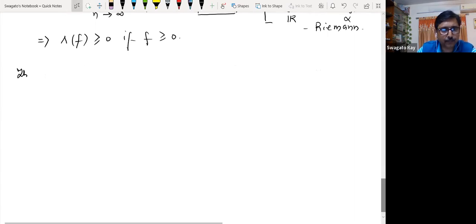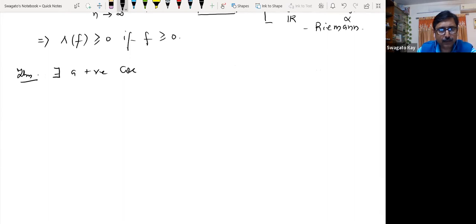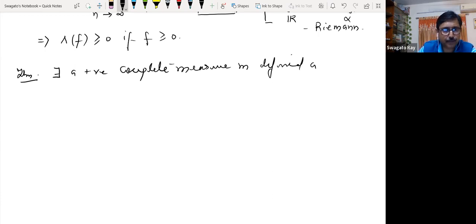So, theorem. There exists a positive complete measure, mu. No, not mu. I will call it M, defined on a sigma algebra M on R. This sigma algebra is called the Lebesgue sigma algebra, such that it has many interesting properties.